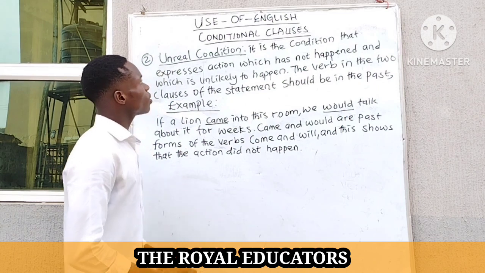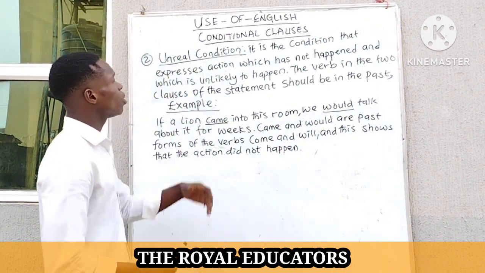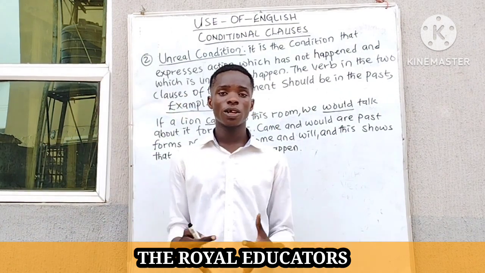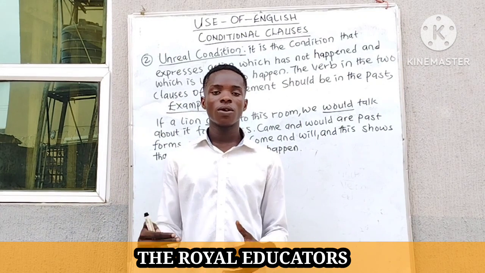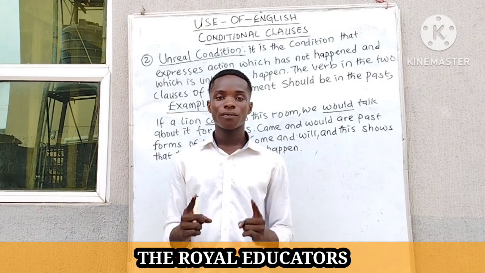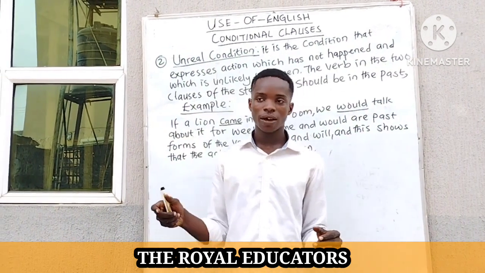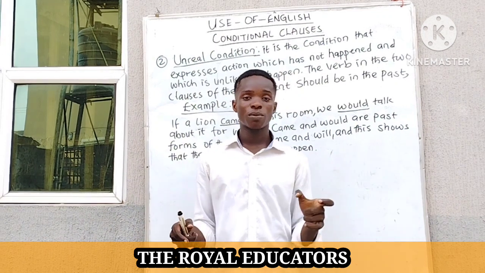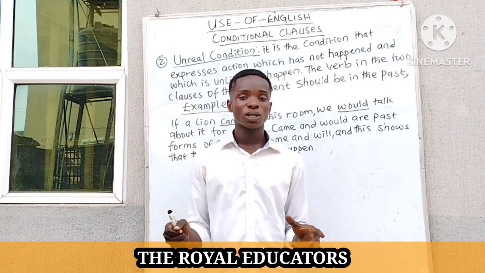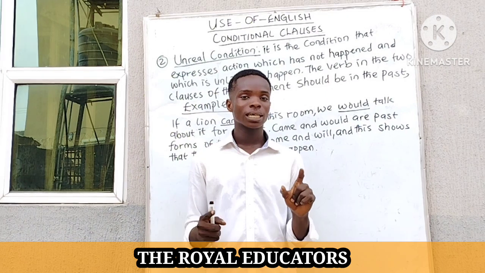Okay. The second kind of conditional clause, number 2, is the unreal condition. The unreal condition is the direct opposite of the real condition. In the real condition, we said that we will have two clauses, with a present tense in the first clause and a present tense in the second clause. In the unreal condition, we also have two clauses: in the first clause we will have the past tense, and in the second clause we also have the past tense.